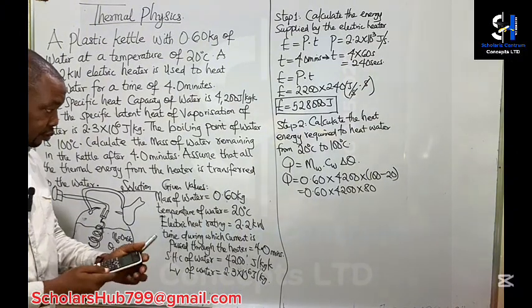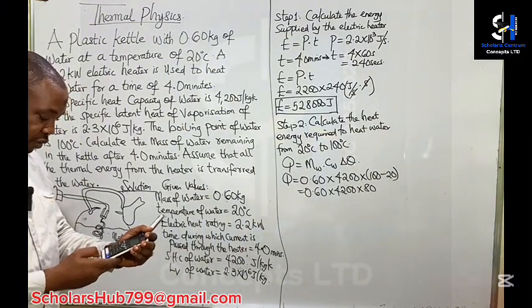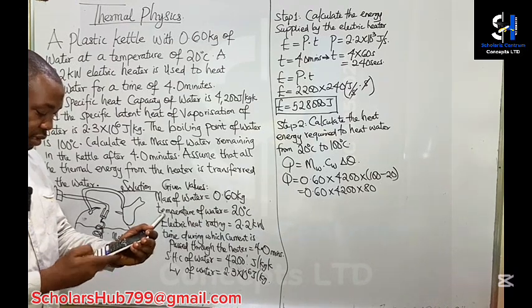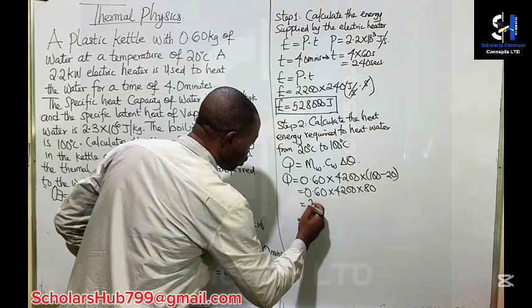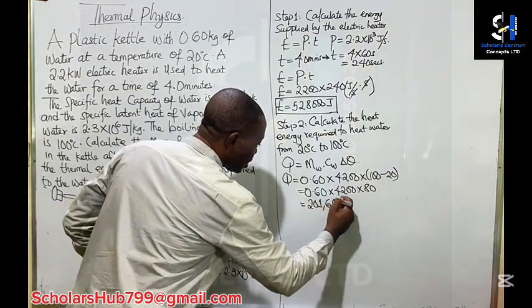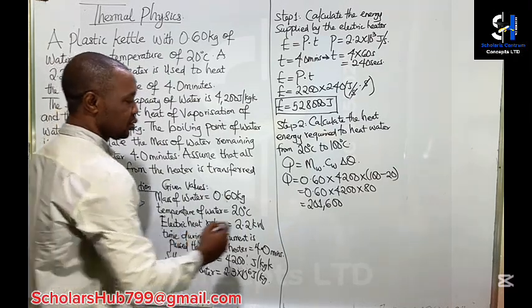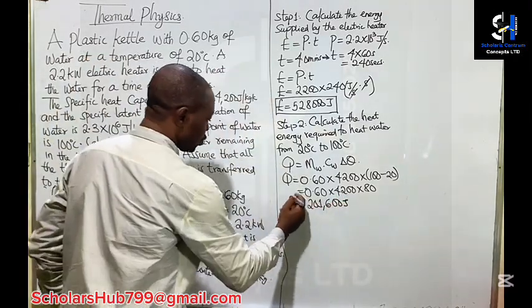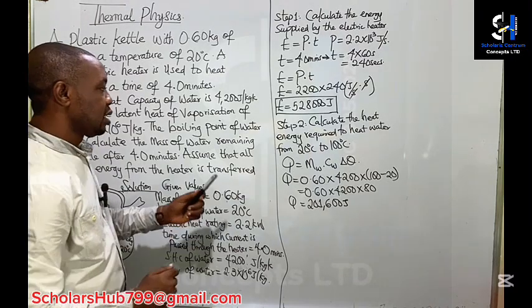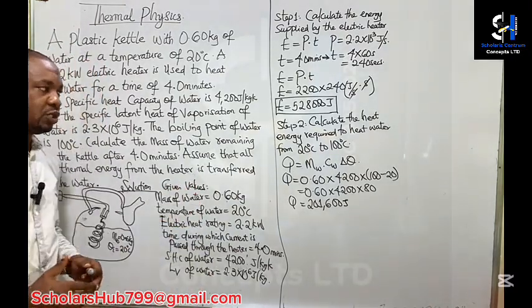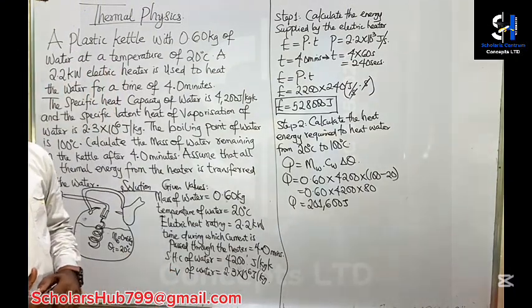That will be 201,600 joules. This is the heat required to heat water from 20 degrees Celsius to 100 degrees Celsius.